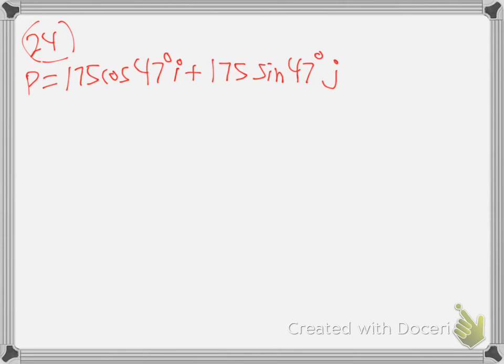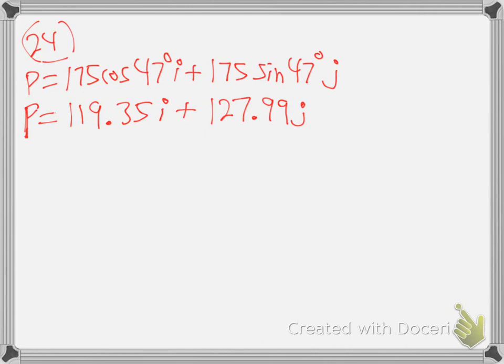So let's find that. 175 cosine 47, I'm getting 119.35, plus 175 sine 47, I'm getting 127.98 or 99 j.